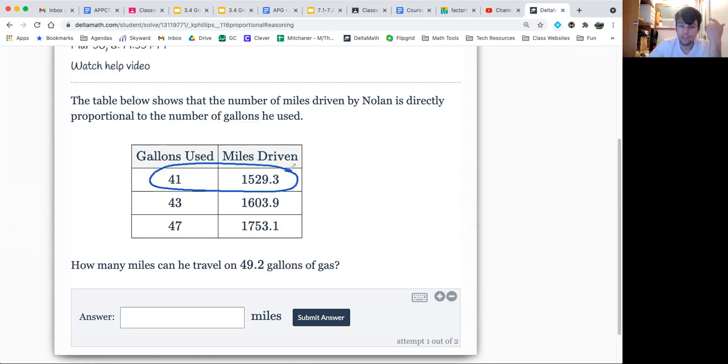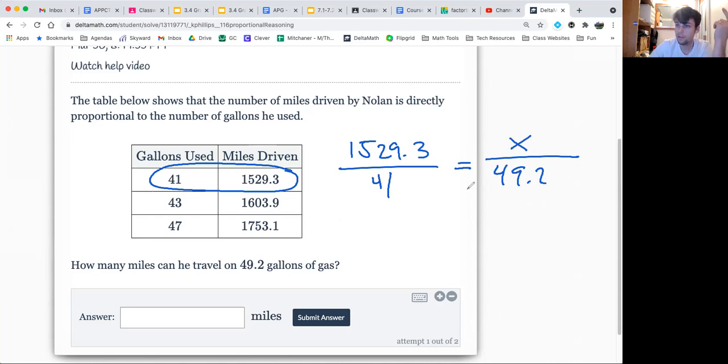I can just take one of my entries here, 1529.3 over 41. This is miles over gallons. That's going to equal an unknown number of miles over 49.2 gallons. So miles on top, gallons on bottom, miles on top, gallons on bottom. Consistency of setup. It's not the only way you could set it up, but this is the way I decided to here.